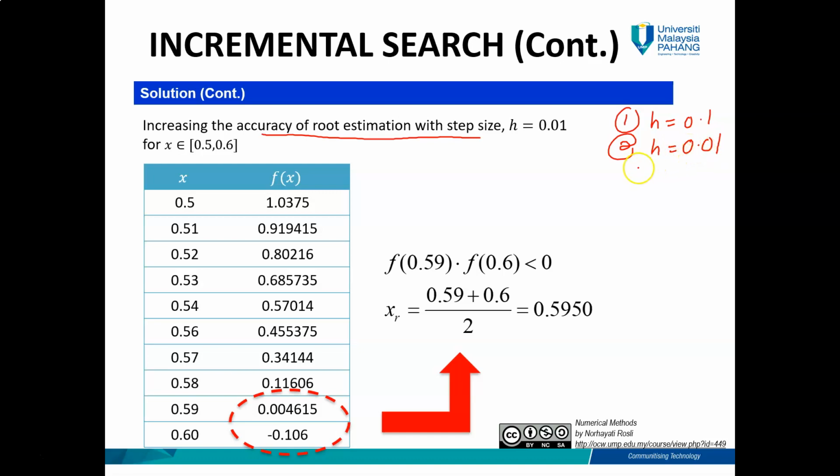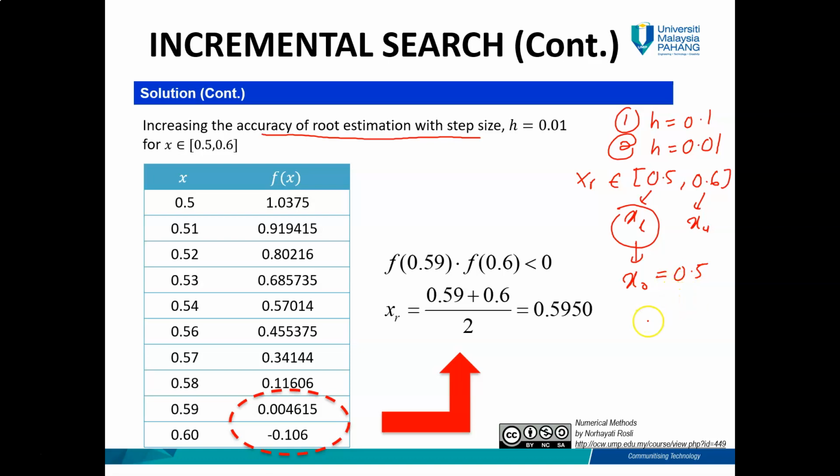And then, class, understand that the root actually happened in between 0.5 as our x lower and 0.6 as our x upper. So now, how can we choose our initial value here? You need to set your x lower as your x0. Means that for the second iteration, we have x0 equal to 0.5 as our initial value.